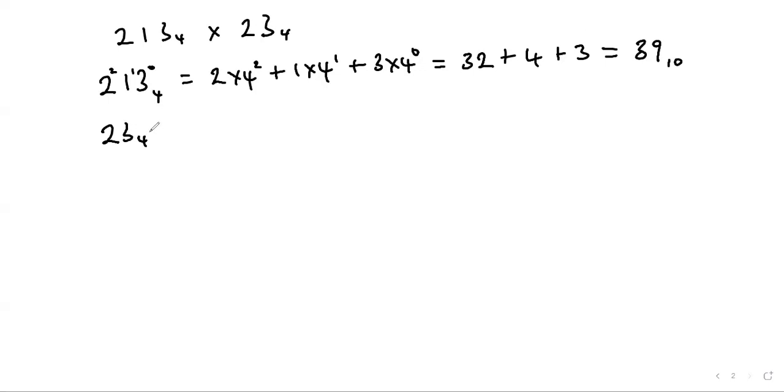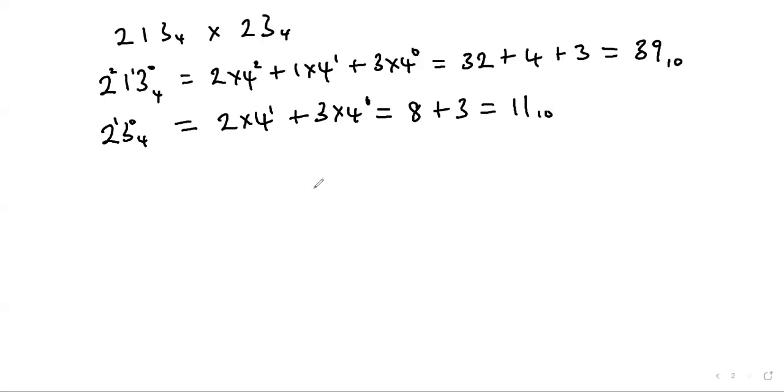23 base 4. So this will be 2 times 4 raised to the power of 1 plus 3 times 4 raised to the power of 0. 2 times 4 is 8. 4 raised to the power of 0 is 1, times 3, 3. 8 plus 3 is 11 base 10.